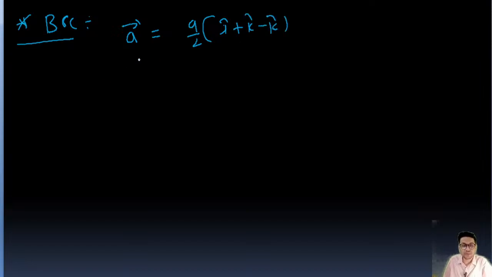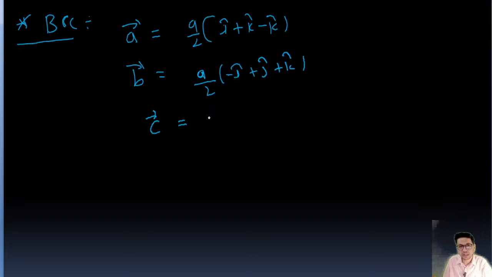This is the primitive lattice vector A. Then vector B is a by 2 times (minus i cap plus j cap plus k cap). And C is going to be a by 2 times (i cap minus j cap plus k cap).